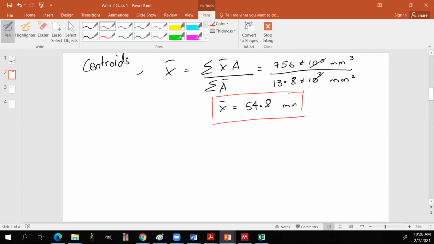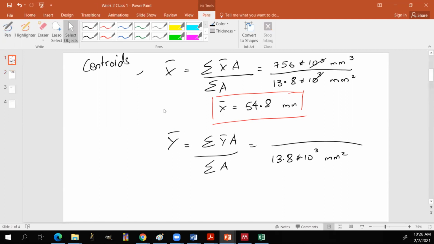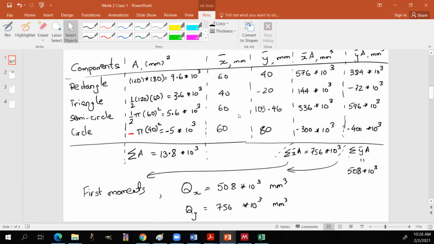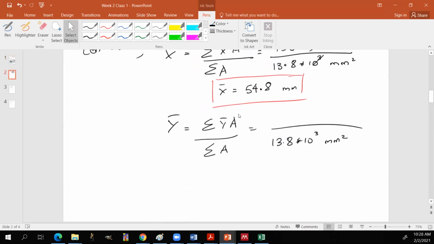All right, similarly, your y bar. So 13.8 times 10 to the 3 millimeters squared. What was 508?